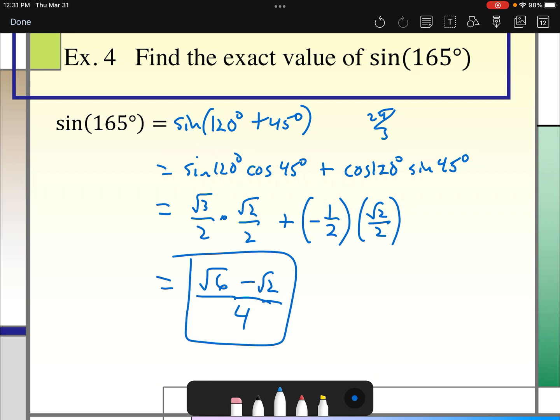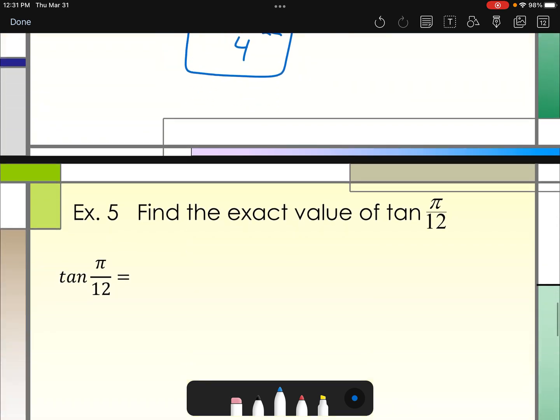And if you look on your unit circle, you will see those values do make sense when you think of sine in terms of y and how high it is. It should be the same as 15 degrees, or pi over 12. Because this is 11 pi over 12, I think. Yep. And pi over 12 is the same, and they should be.